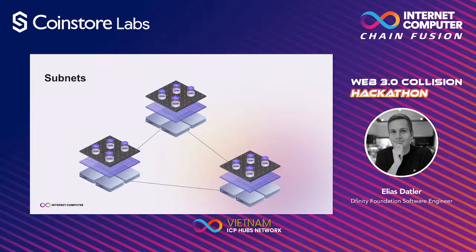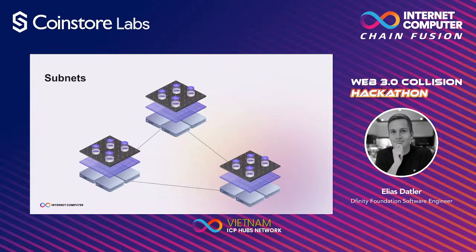So if more and more people deploy canisters to a certain subnet, this subnet will slowly become full, and then we can create a new subnet which doesn't have any canisters in the beginning, and then users can deploy canisters to that subnet. And this is how the internet computer can scale infinitely.